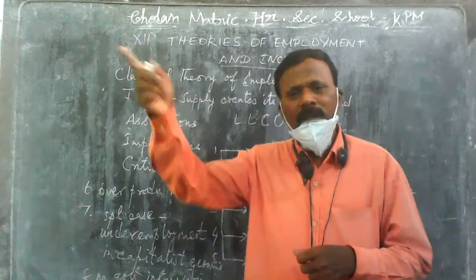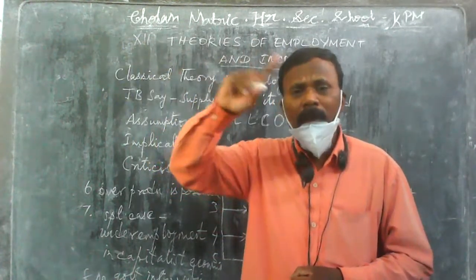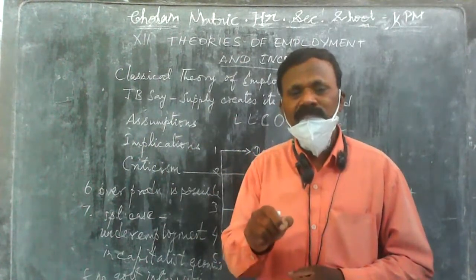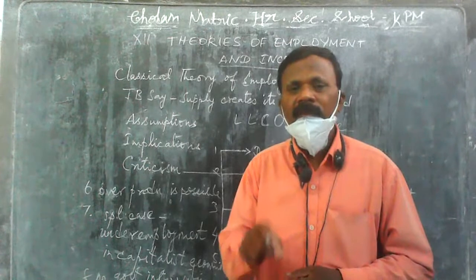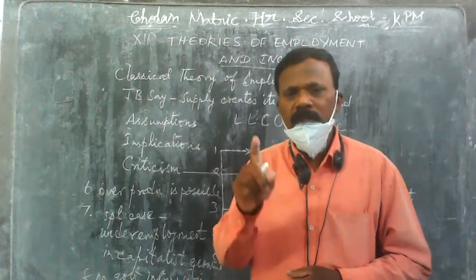What the classical economists say is that there is no overproduction or the problem of unemployment, whereas Keynes argued that overproduction is possible.